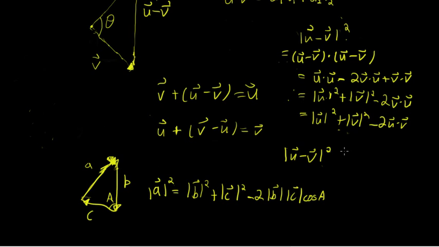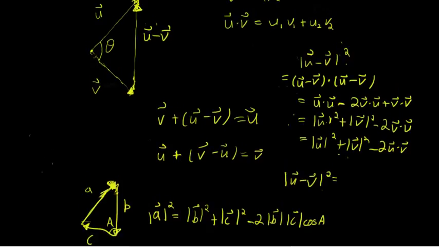So how does that apply here? Well, in this triangle, we have this u minus v, which is kind of like our side A. Then u and v are kind of like sides B and C. So this magnitude of u minus v squared is going to be equal to the magnitude of u squared plus the magnitude of v squared minus 2 times the magnitude of u times the magnitude of v times the cosine of the angle between them.